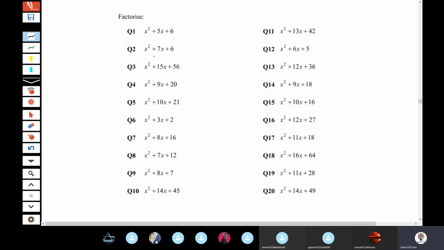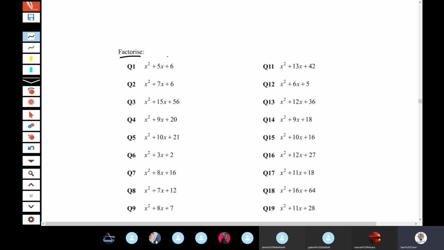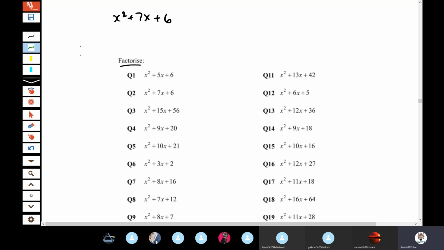question 2. The question says factorize. So we're going to do the opposite of what we did last week. Last week we were expanding. We're going to factorize x squared plus 7x plus 6. Okay, step 1. What we do is we draw a cross. That's nice and simple.